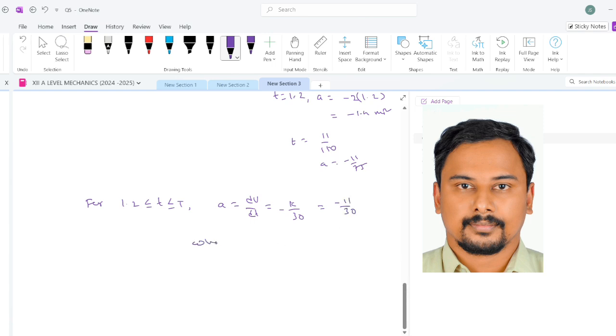So this is also not equal to minus 11 by 75 meter second per minute.